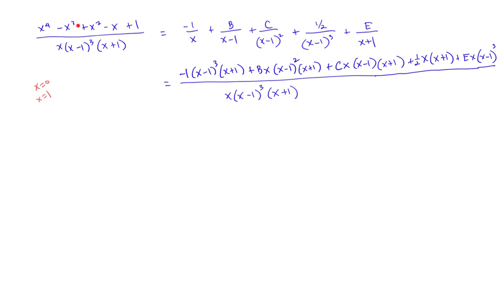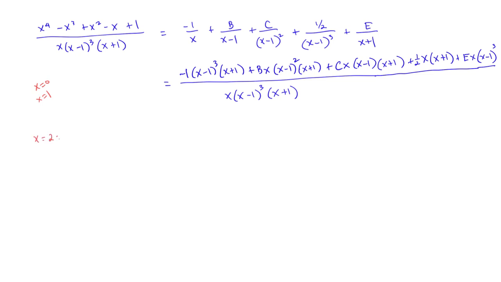This equation is true for all x, and their denominators are the same already, so their numerators must be the same as well. And since the numerators are equal to each other for any x, it is certainly true for x equals 2.